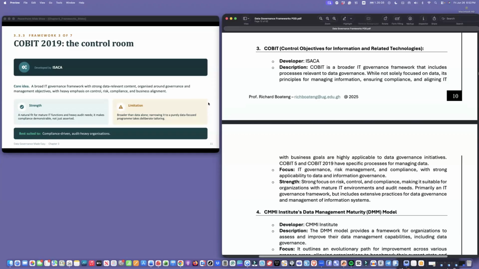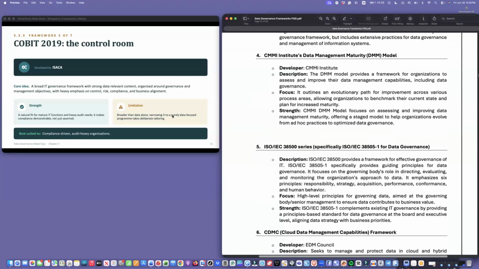Good. So COBIT 2019 has a control focus that wants to establish strong data relevant content organized around data governance and management objectives. And the three things you see in it are risk, compliance, and alignment with the business.